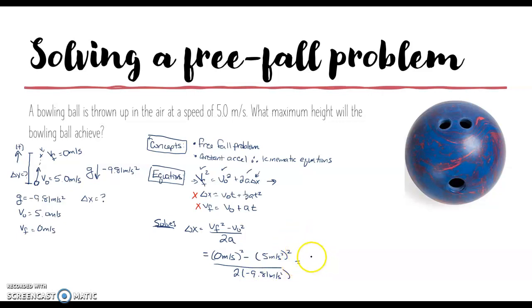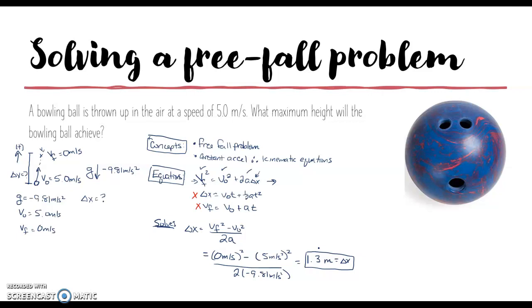I do all that, and I solve, and to the limit of sig figs I get 1.3 meters. This is my delta x, the height that the bowling ball is going to go, and that seems pretty reasonable. It's a little over 3 feet, so I didn't throw it up that fast. It was only 5 meters per second.